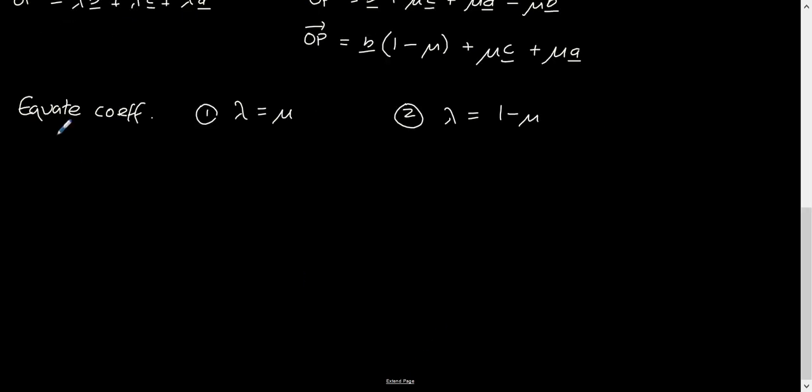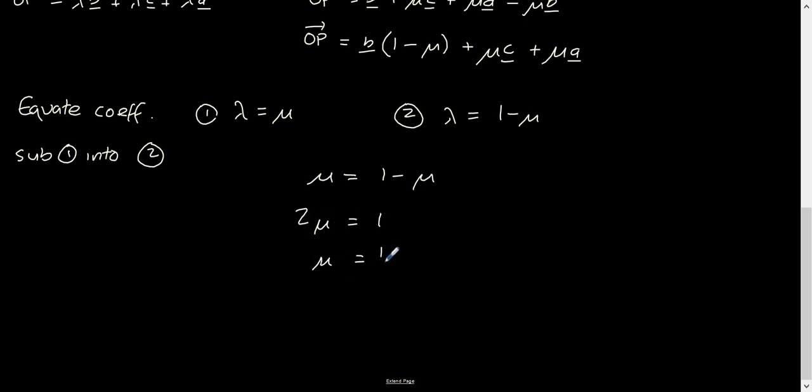So now to solve, I'm going to sub 1 into 2. Lambda equals mu. That gives us mu equals 1 minus mu, which gives us 2 mu is 1, gives us mu is a half, and then we sub into equation 1, and we say that lambda is a half.